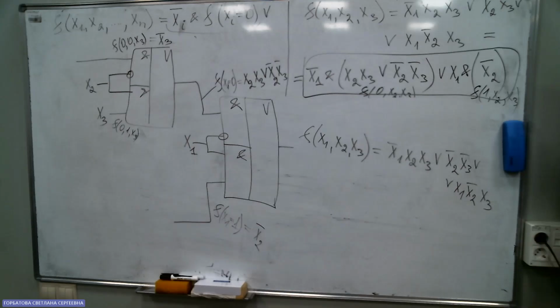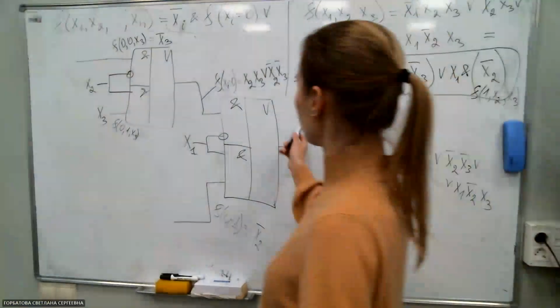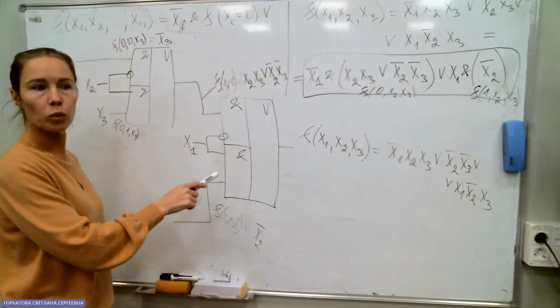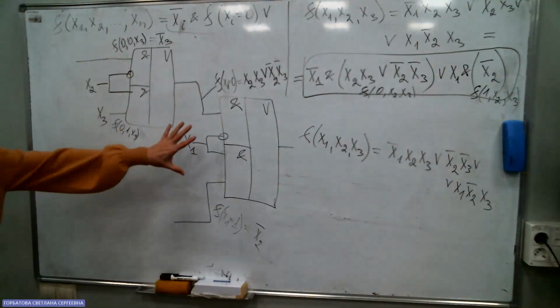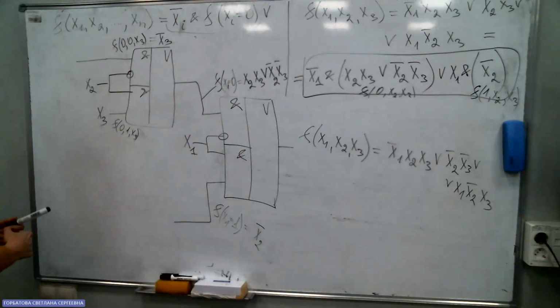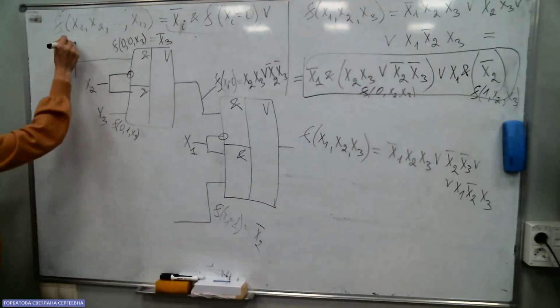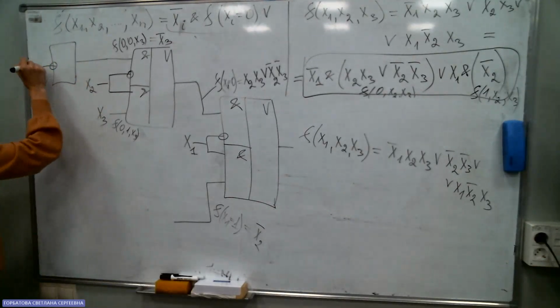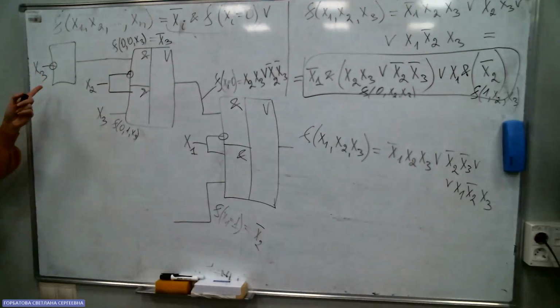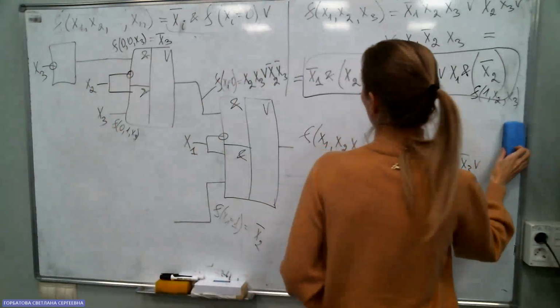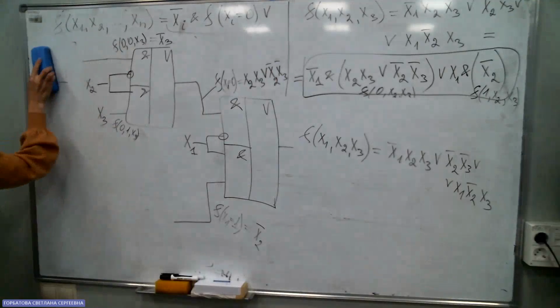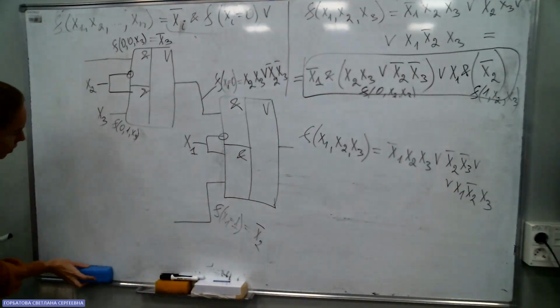In your coursework, please use just Shannon blocks, without negation, conjunction, disjunction blocks. We don't have a negation block in our pocket, so we need to use a Shannon block here too, and it is easy.